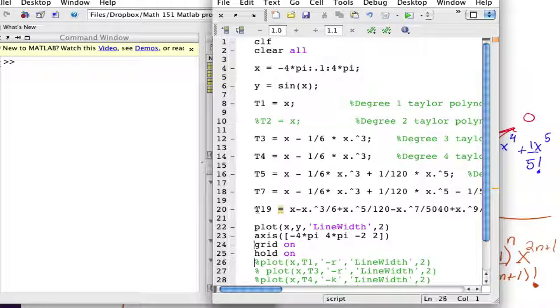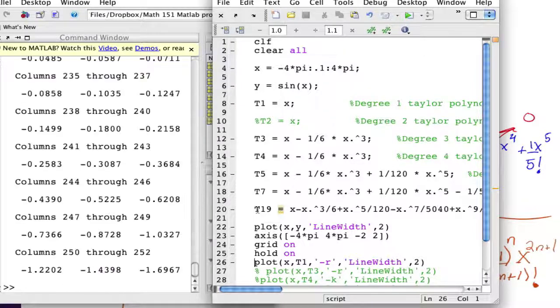Let's plot. So this is going to plot the first degree Taylor polynomial, T1, which is just equal to the line y equals x. So you would expect to see something happen. What happened?